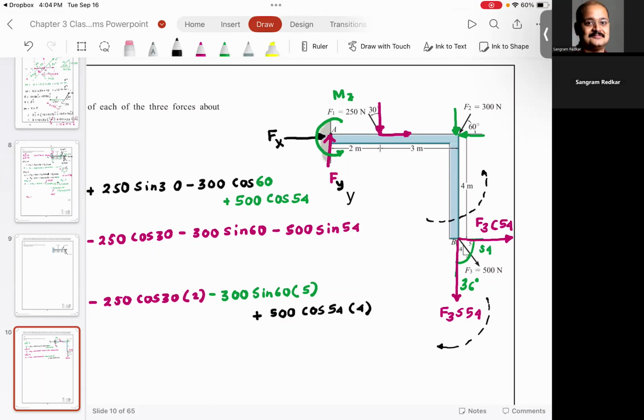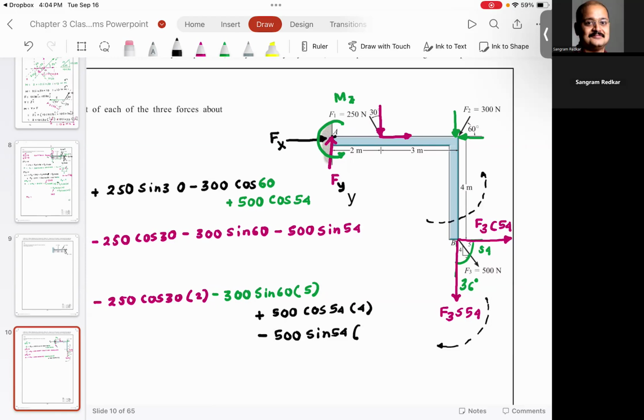I want you to focus at A. Horizontal force about A is going to give you the moment which is positive. Vertical force about A is going to give you a moment that is negative. And what would be the distance of the vertical moment? 5. Do you agree with me?